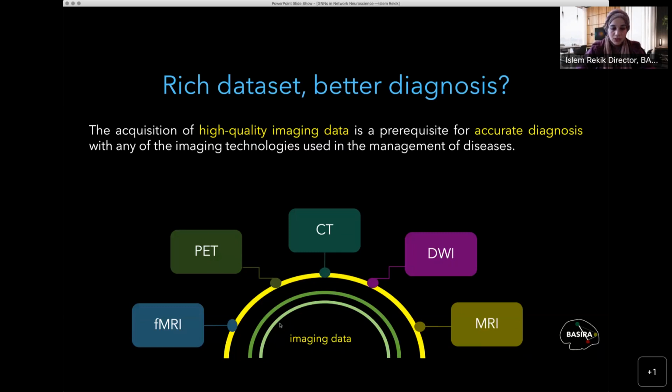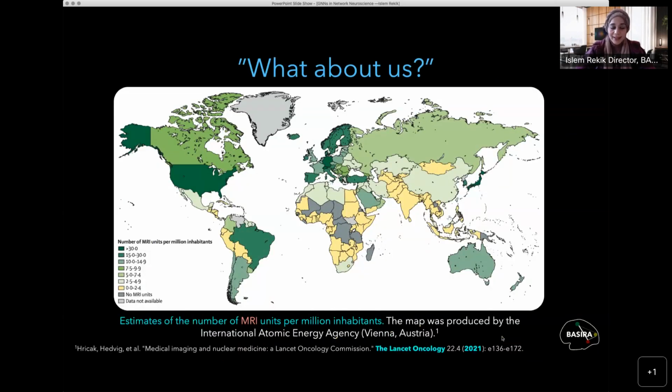For example, some of the modalities that we could potentially use are functional MRI, PET, CT, diffusion weighted imaging, and typically MRI. However, if you look at this map of the world, published in the Lancet Oncology in 2021, this is the number of MRI units per million inhabitants in each country.